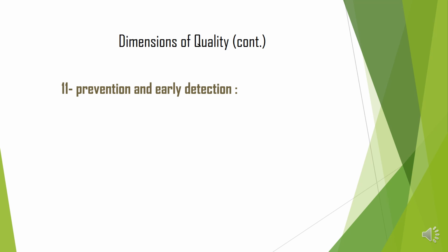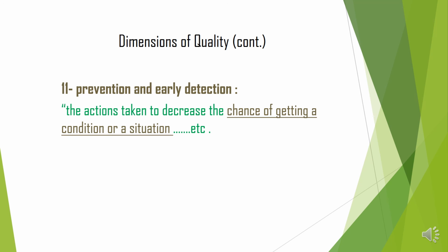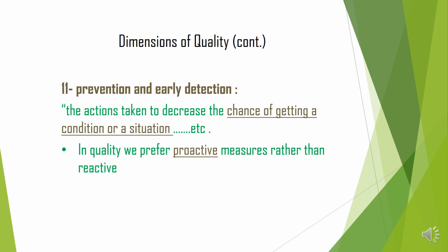And at last, the 11th dimension of quality is prevention and early detection. The action taken to decrease the chance of getting a condition or situation. We are trying to decrease the chance of something wrong happening to the patient. It's called prevention and early detection. In quality, we prefer the proactive measures.